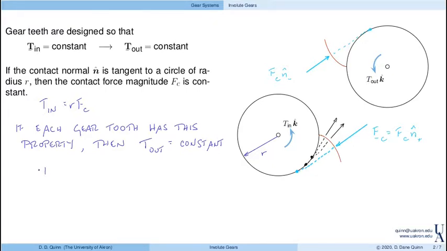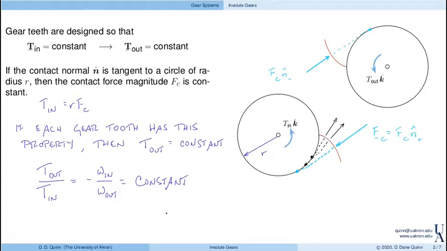So we have T out divided by Tn, so the ratio of torques. And this is from an earlier lecture when we were looking at the kinematics of gears. That implies that the ratio of angular speeds is constant as well.